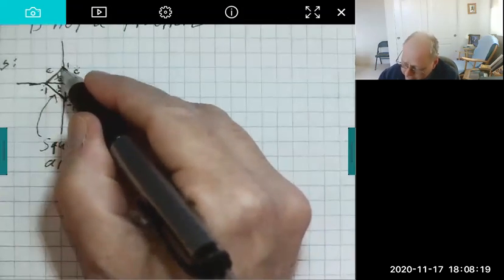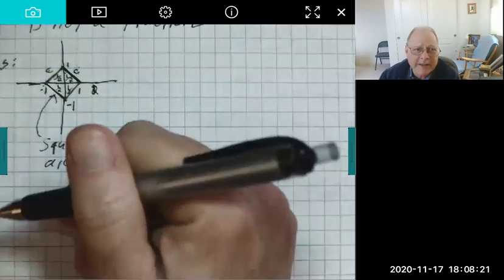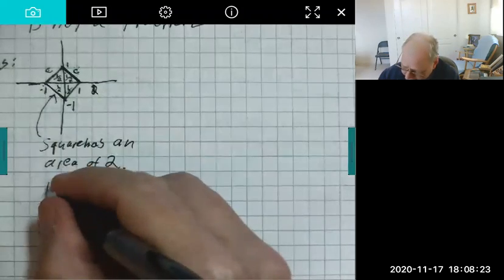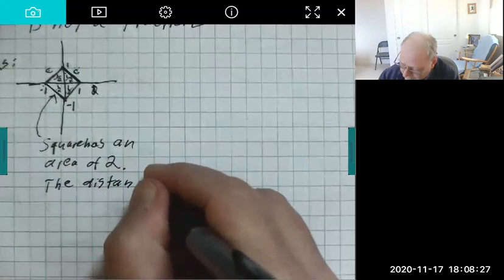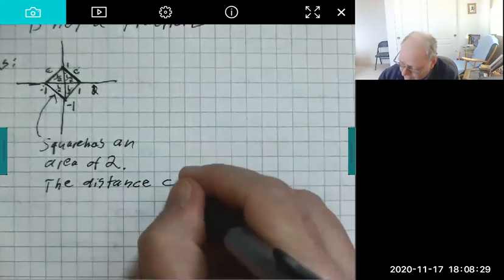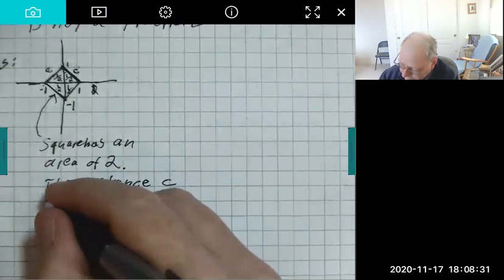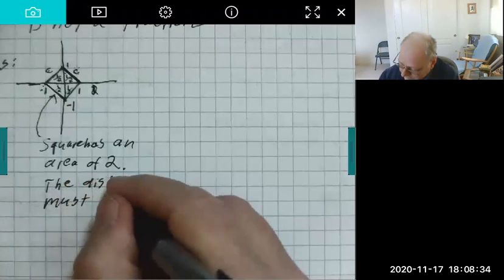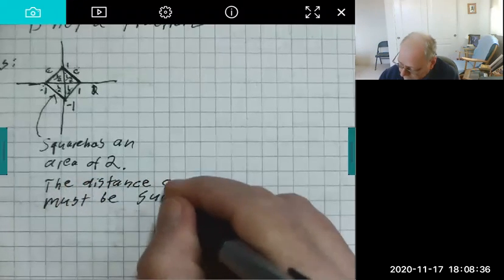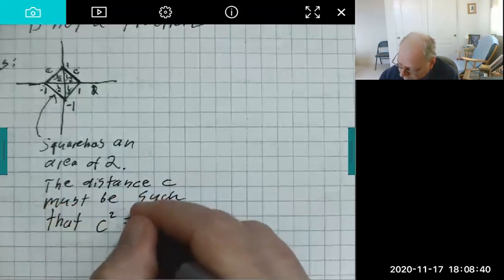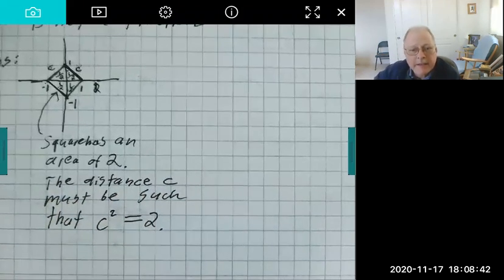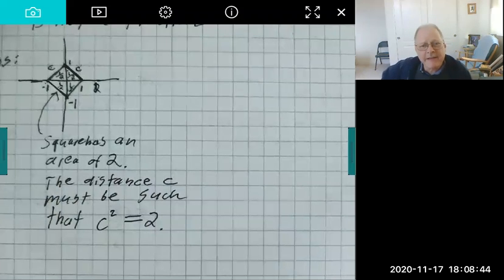If you call the length of the diagonal here C, then the distance C has got to be, it's a distance, so that C squared equals 2.